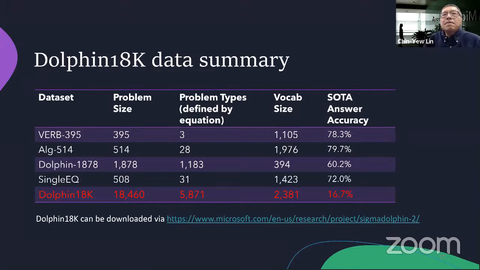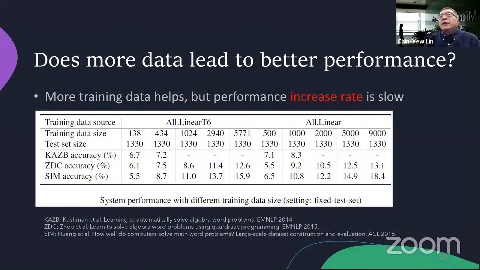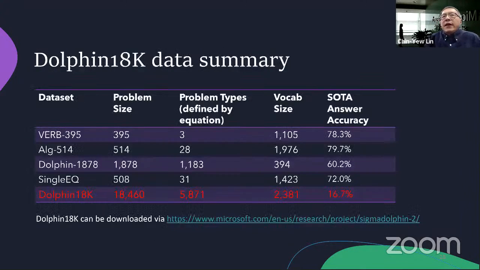One thing is interesting. All these previous algorithms are based on the approach I mentioned briefly: given the problem set they saw before, they build some kind of template of the equation set related to the problems they have. So when you see a new problem, you just do a very simple retrieval based on similarity.